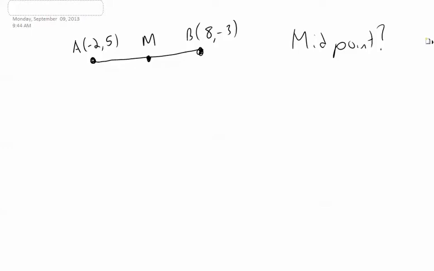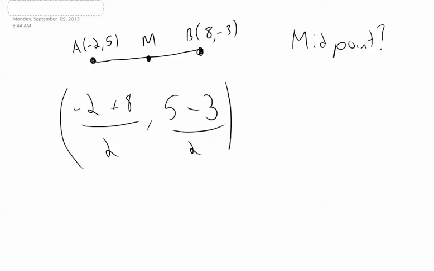Looking at an example here, what is the midpoint? Well, the midpoint between two points, let's say I want to find M. What I'm going to do is add the x's, in which case I'm going to get -2 plus 8, and I'm going to divide that by 2. And my y's here are going to be 5 plus -3, which is 5 minus 3, all divided by 2.